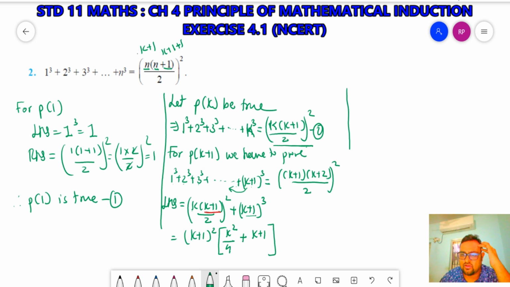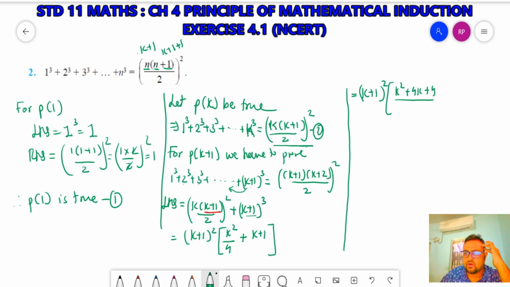Okay, so now let's take LCM. This will be equal to k plus 1 whole square, k square plus 4k plus 4 into 1, 4 upon 4. Now see, this is the formula a square plus 2ab plus b square. This is the formula for k plus 2 whole square.